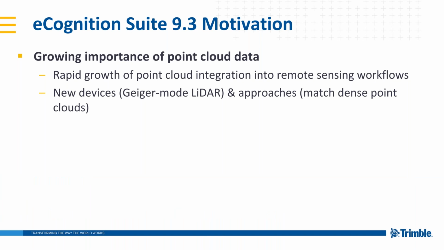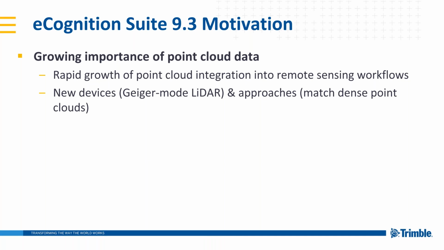For the eCognition suite, version 9.3, we had several primary motivating factors in our software updates and changes. First of all was the growing importance that we see in the industry of point cloud data.